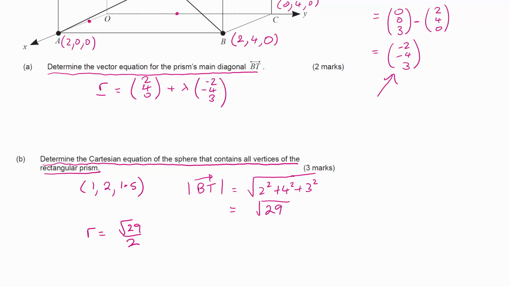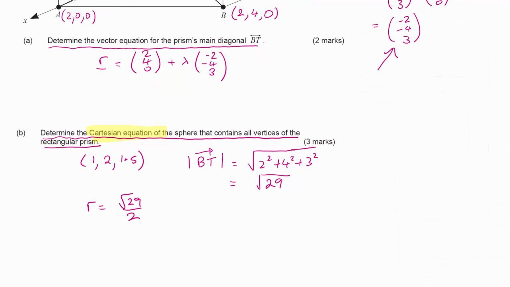Now note, we're after the Cartesian equation. All too often I see students throw a mark away by giving the vector equation when they want the Cartesian. So with the center here, it's going to be (x minus 1) squared plus (y minus 2) squared plus (z take away 1.5) squared is going to be r squared.